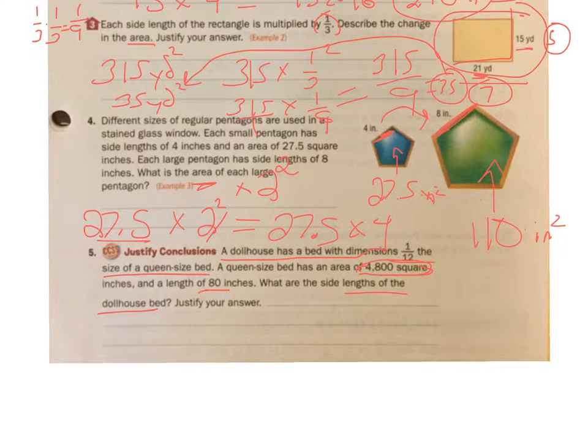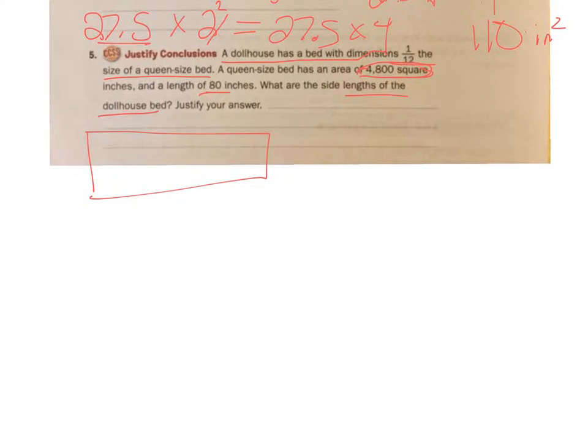Okay, so I'm going to draw a little picture. We got a big bed, and then we got a very little dollhouse bed. The big bed area is 4,800 inches squared, and one side is 80 inches.